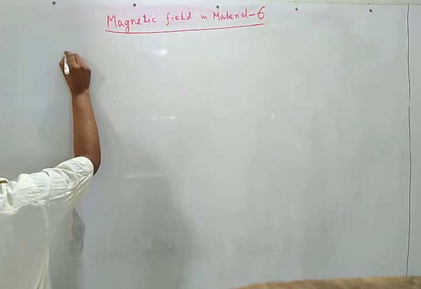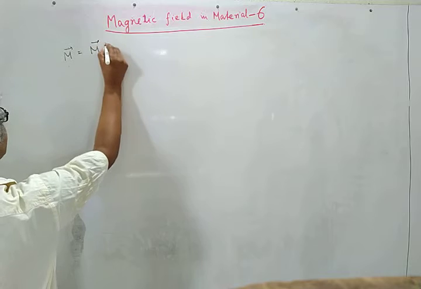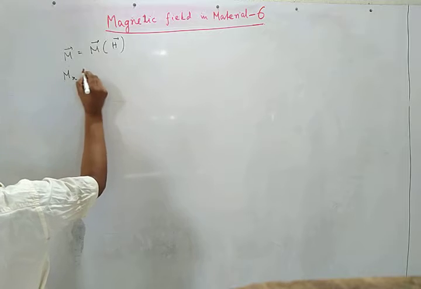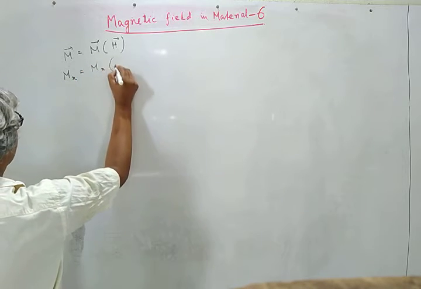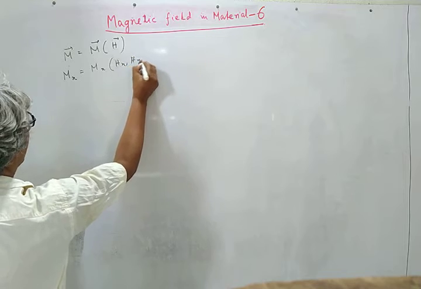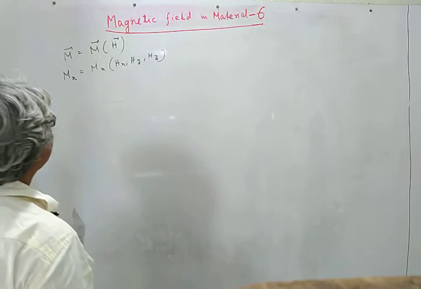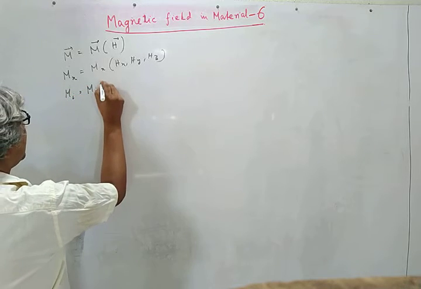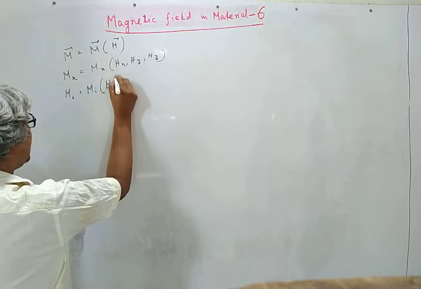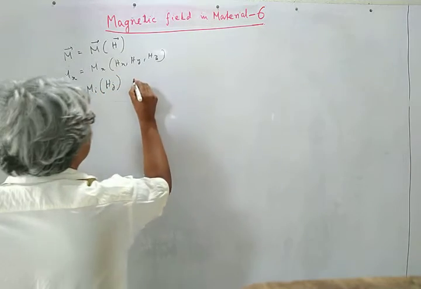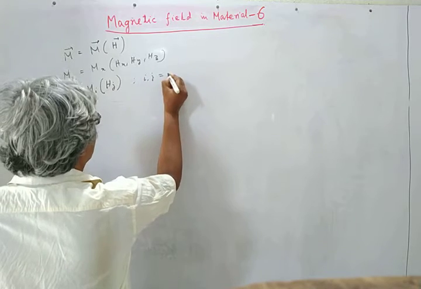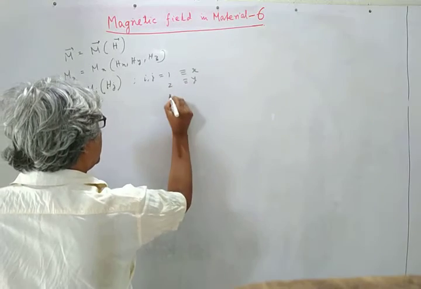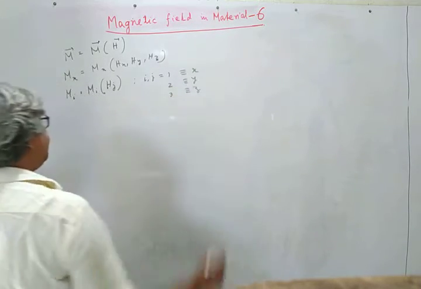M is a function of H. So if we write it in components, say Mx is a function of Hx, Hy and Hz. We write it in a compact way as Mi equal to Mi as a function of Hj, where i and j equal to 1 corresponds to the X component, 2 corresponds to the Y component, 3 corresponds to the Z component.